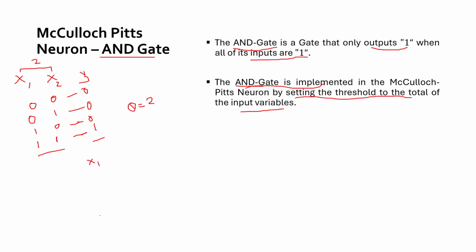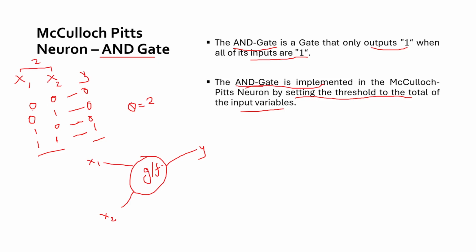If we have here x1, here we have x2, here we have the function g, then we have the function f, where some threshold theta is applied, and then we are getting the output y.